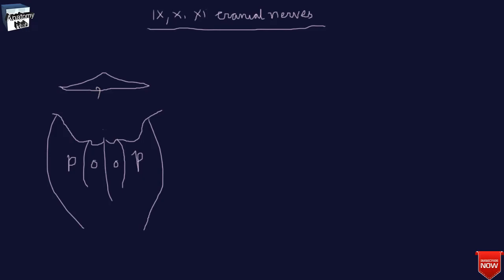So this is the midline. Here you will find the pure motor nucleus, the hypoglossal nucleus, on both sides, and just lateral to that the dorsal nucleus of vagus, and just lateral to that the nucleus tractus solitarius.